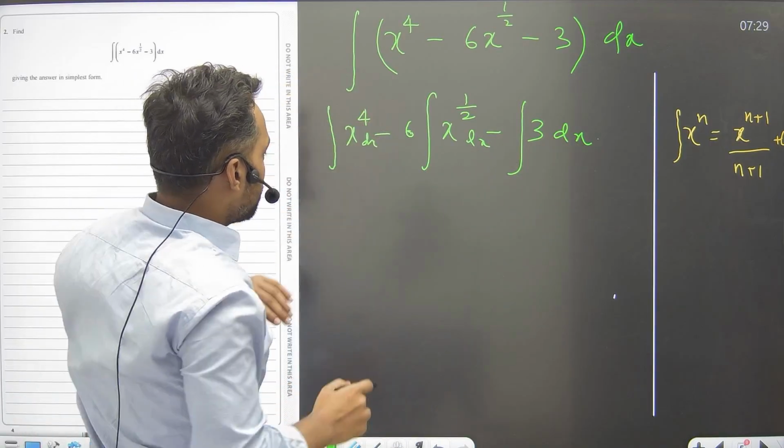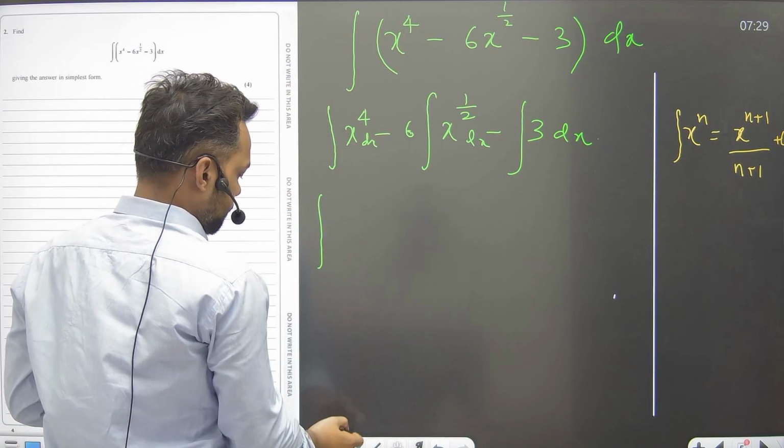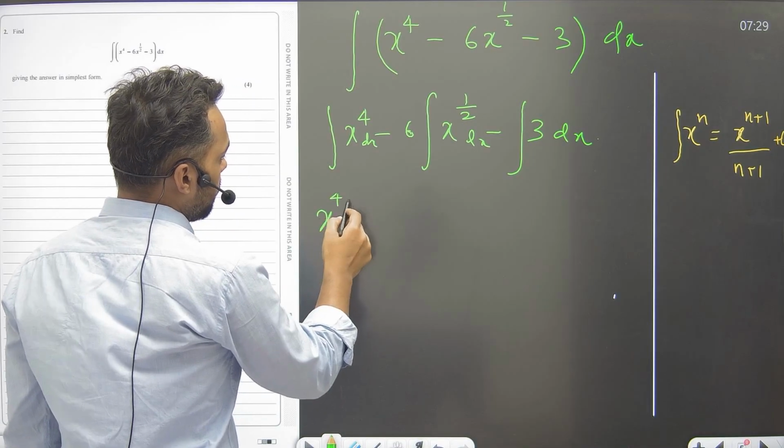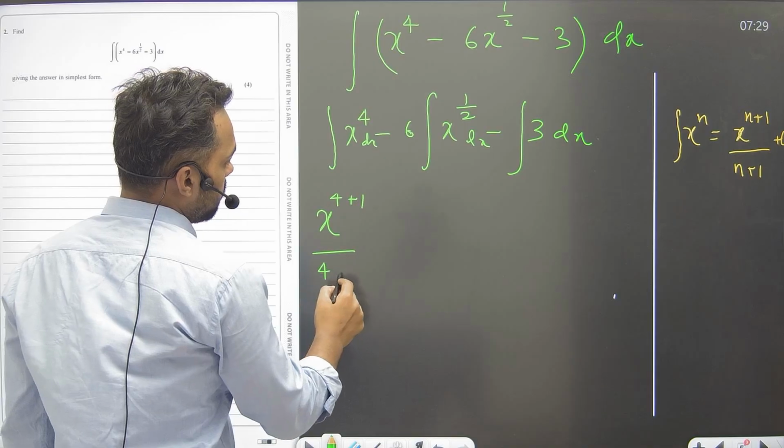Now the integration of x^4 will be x^(4+1) upon 4+1.